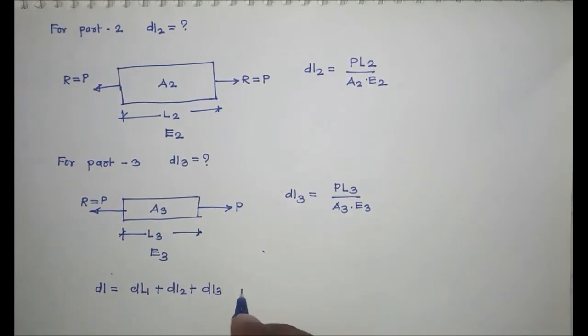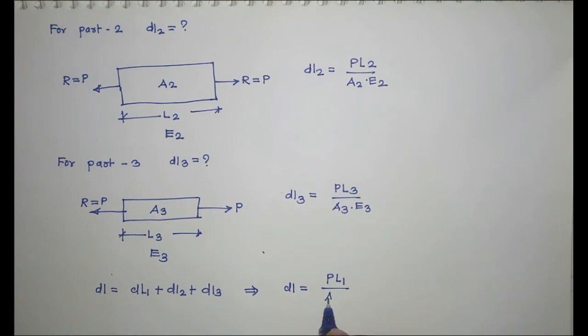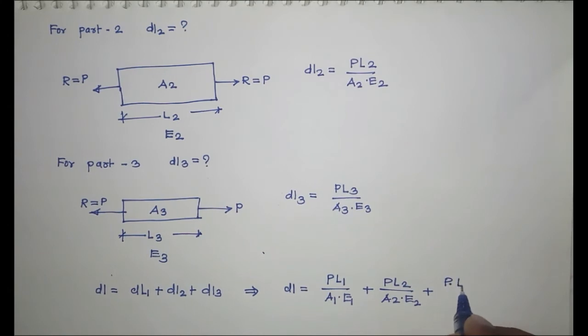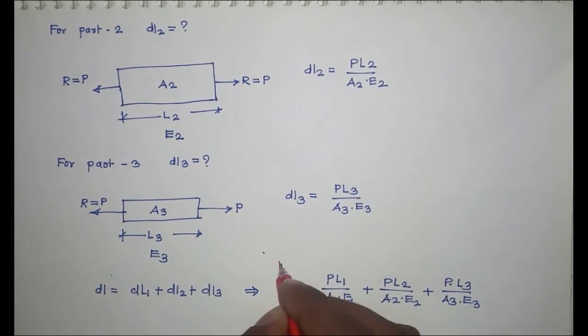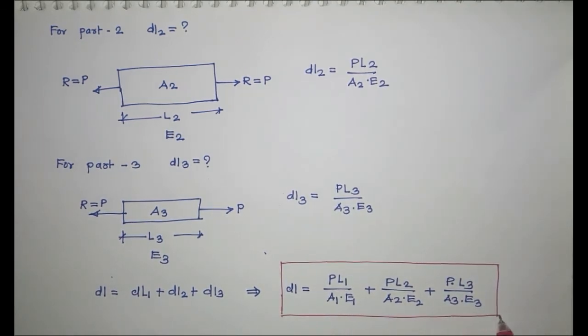Now we will write this. dl is equal to PL1 upon A1 into E1 plus PL2 divided by A2 into E2 plus PL3 divided by A3 into E3. And this is the equation that we are going to use for bars of varying cross section having different lengths and different modulus of elasticities.